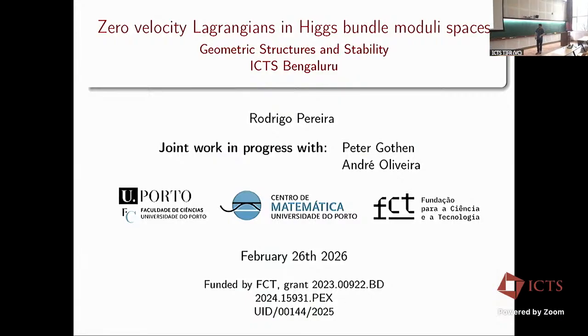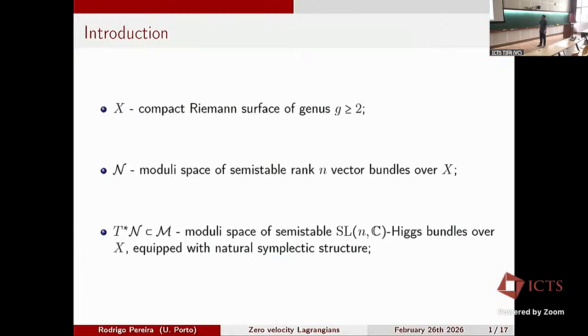I'll begin by just reminding you of the basic objects that probably need no reminding, but I'll do it anyway. So you have your compact Riemann surface with genus at least two.